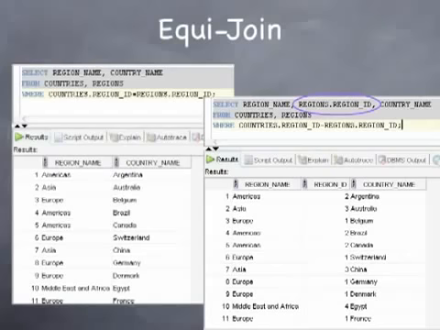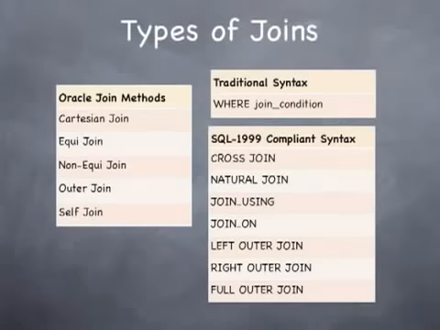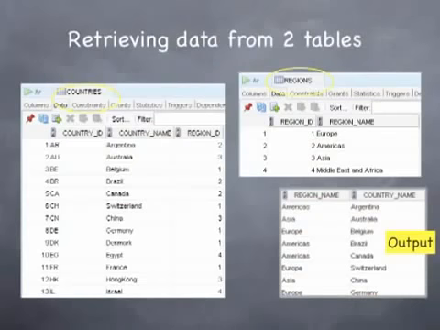If I take you back to the previous example that I discussed, here we were looking at the two tables, countries and regions, and what we said was in order to retrieve the output, the region name and the country name, the two tables had to be related based on the region ID column that exists in both the tables, and the equality of the values between the two columns is what identifies which country belongs to which region. So this would be an example of an equijoin.